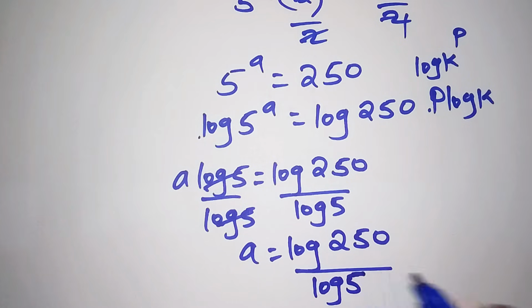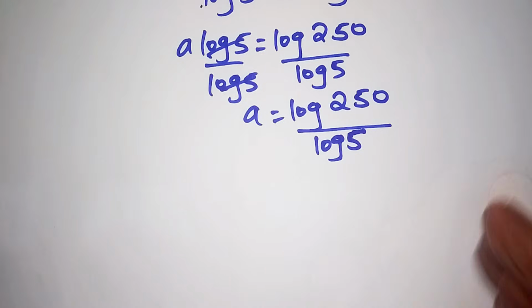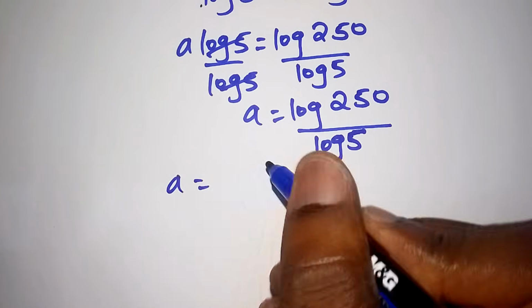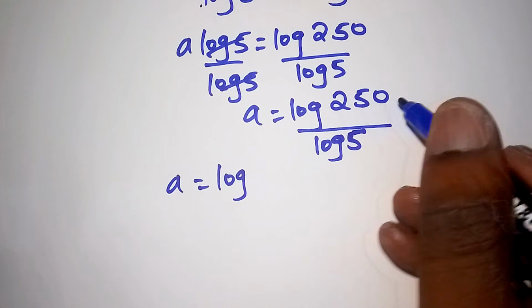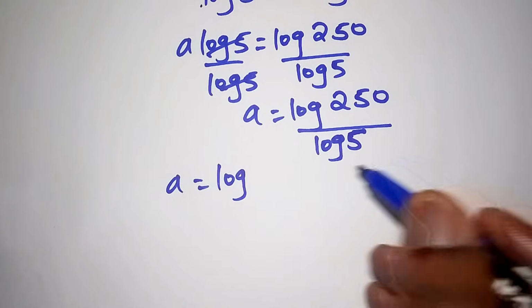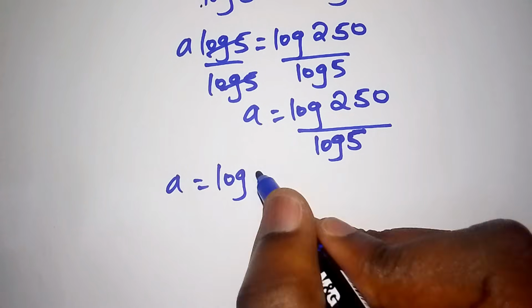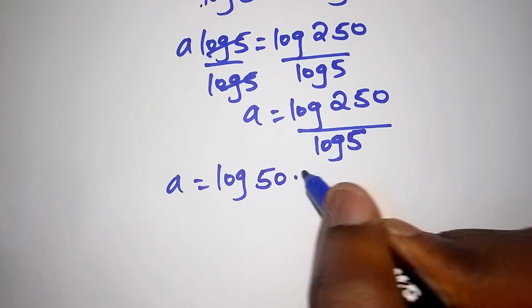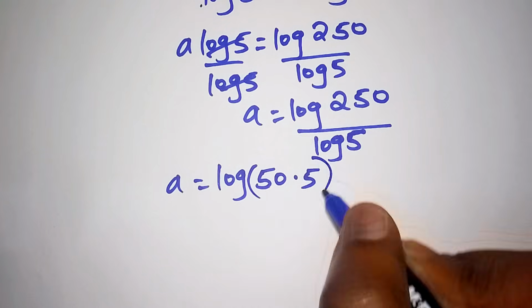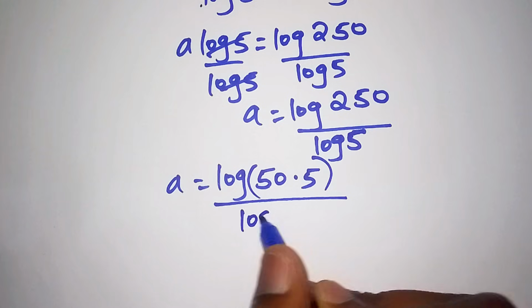Then from here, we shall do what is called factorization. So a is equal to, the log of 250 can be written as the log of 50 multiplied by 5, all over the log of 5.